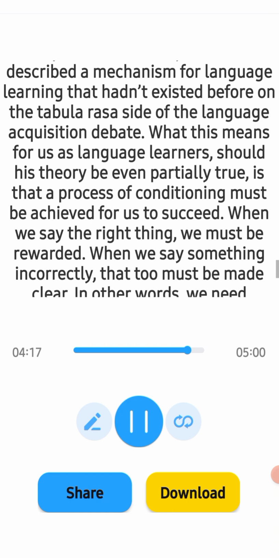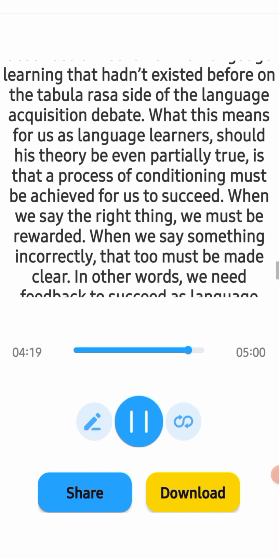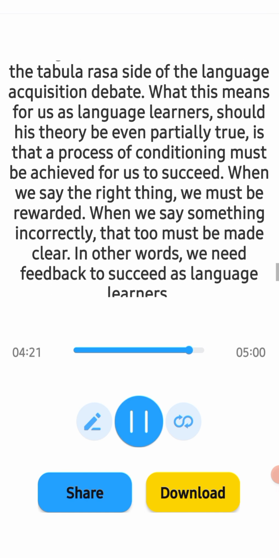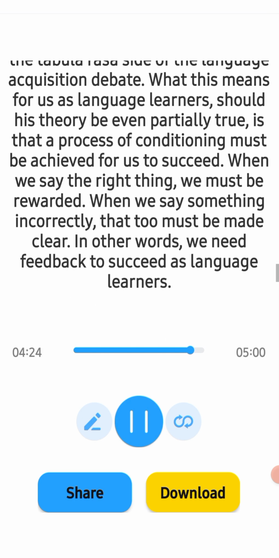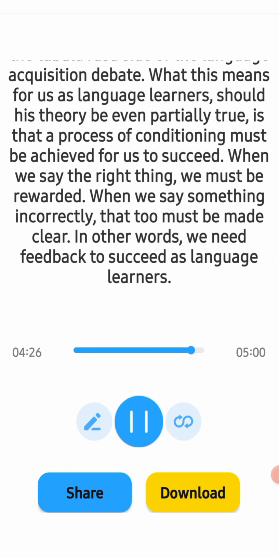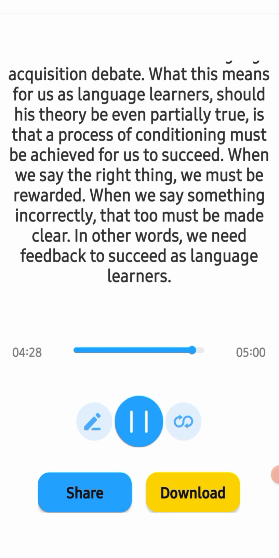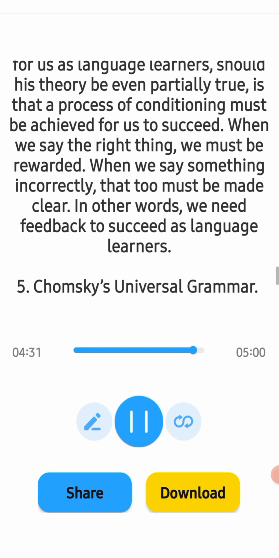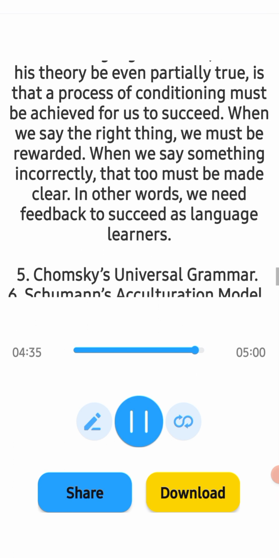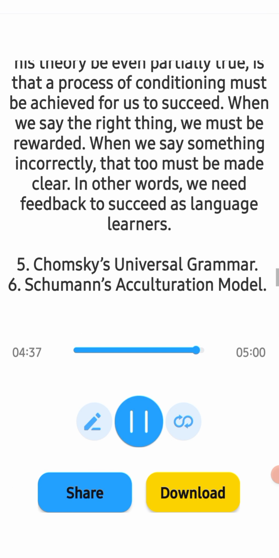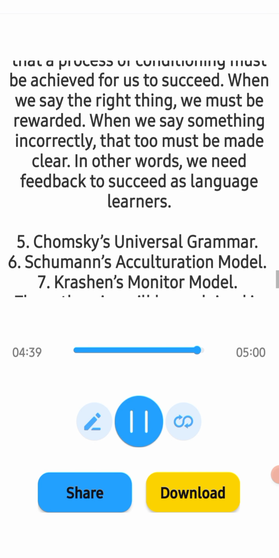What this means for us as language learners, should his theory be even partially true, is that a process of conditioning must be achieved for us to succeed. When we say the right thing, we must be rewarded. When we say something incorrectly, that too must be made clear. In other words, we need feedback to succeed as language learners.